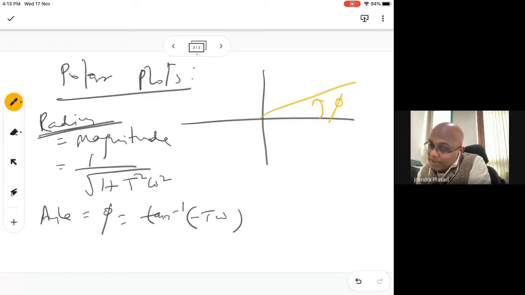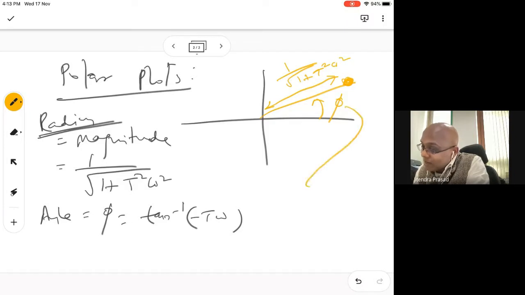And how do you define the magnitude? Magnitude is the length, this one. If you are talking about one point here, then from here to here, the value will be 1 over root 1 plus t square omega square, and this phi is equal to tan inverse of minus t omega.